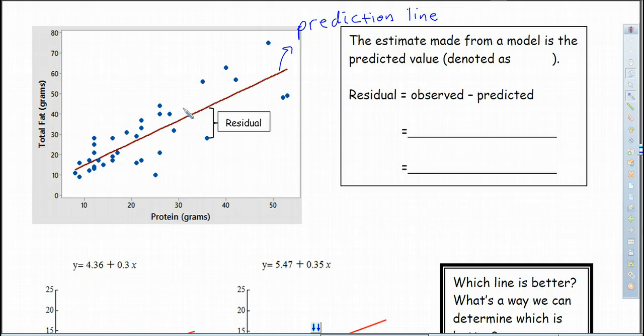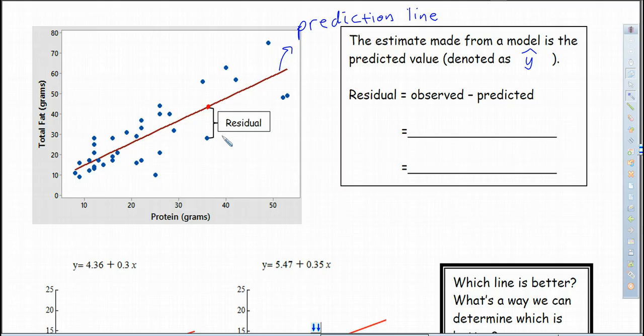So here, if we look, we have a point. Put this in red just to match up with the line, that this is our prediction for this point, but this is what actually happened, and that distance is just called the residual error. So the estimate made from a model is the predicted value. This predicted value, you might see it referred to as y hat. That's just the hat on the y. I'm not kidding, so it's just y hat.